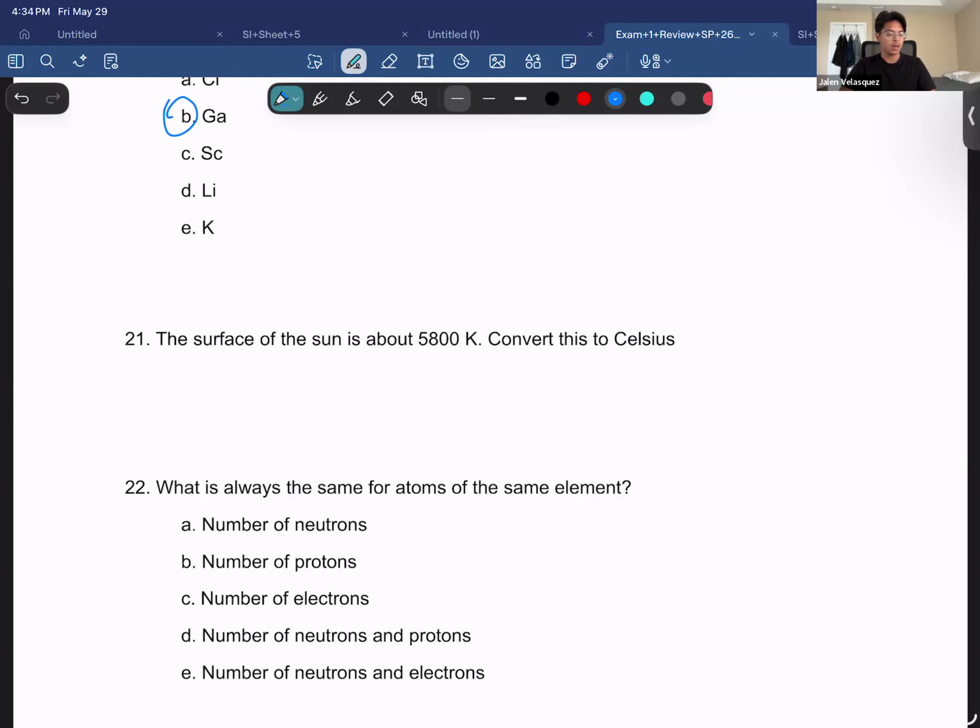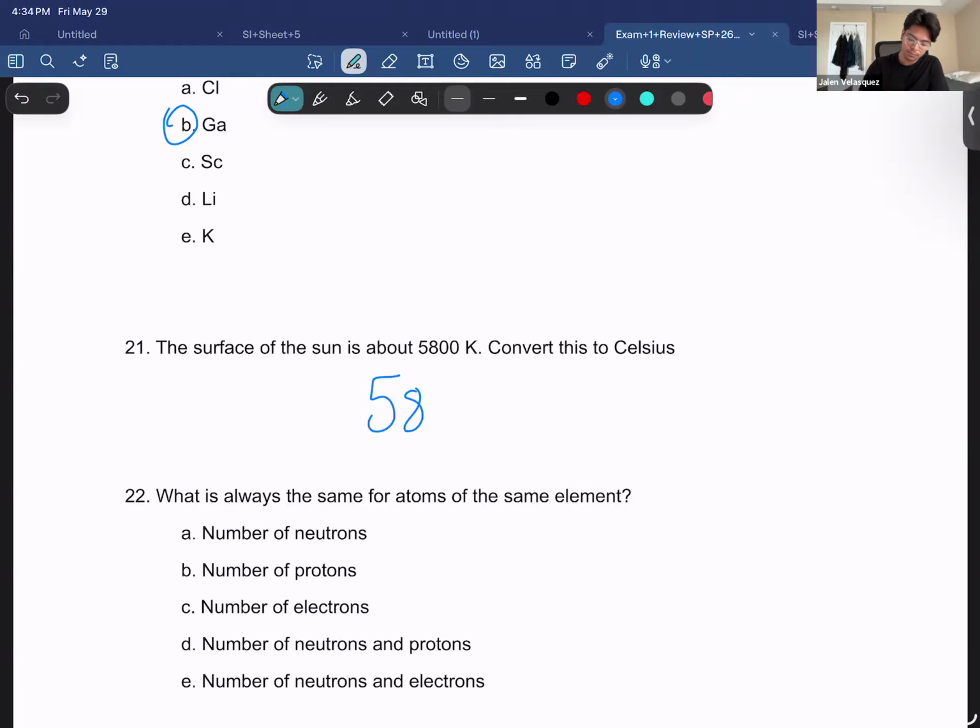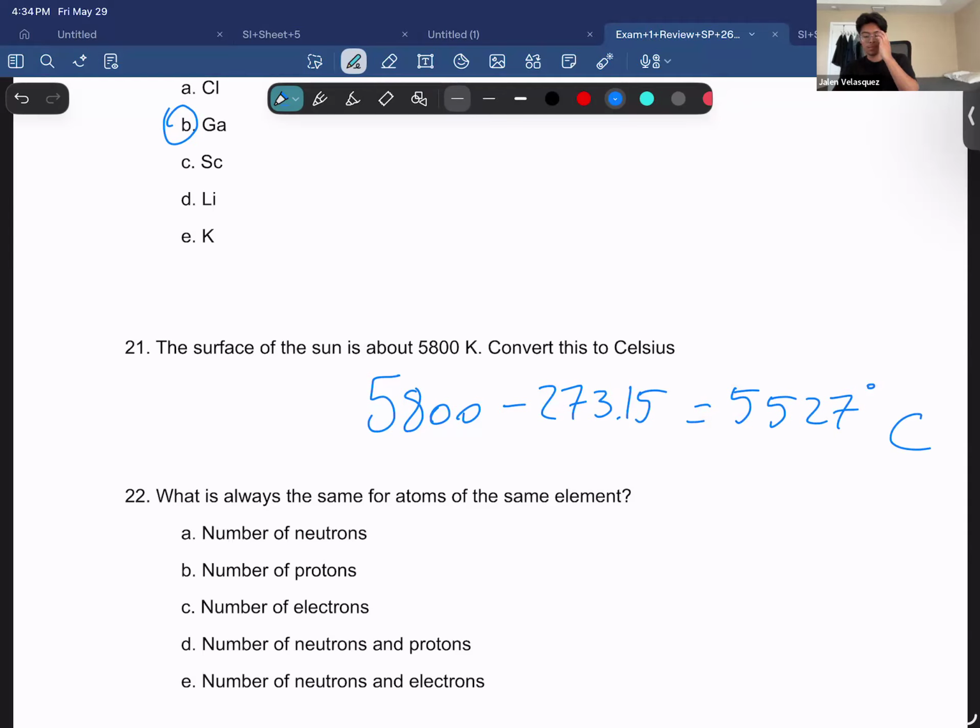So going from Kelvin to Celsius, we're just going to subtract 273.15. So you should get about 5,527 degrees Celsius. And if we were going from Celsius to Kelvin, you would just add the 273.